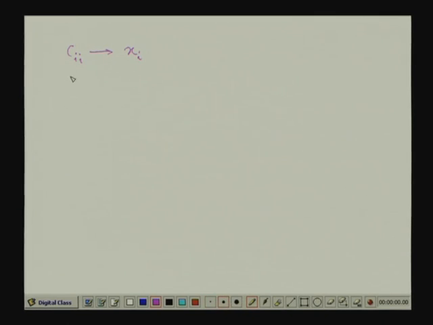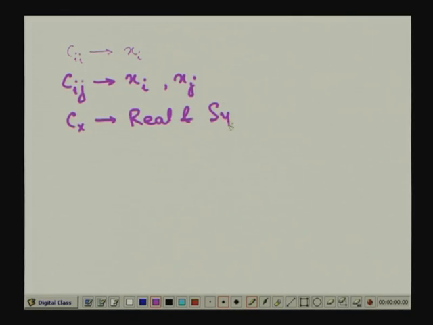Similarly, an element Cij is nothing but the covariance of the elements xi and xj of the vectors x. And this covariance matrix Cx is real and symmetric.